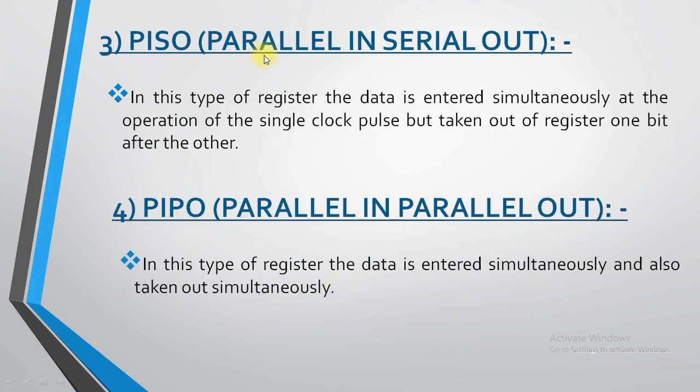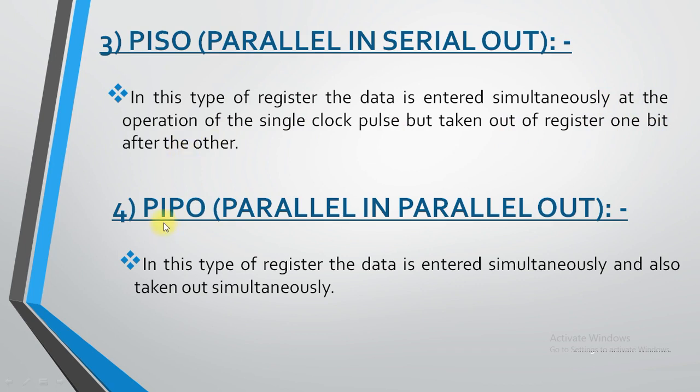Reverse operation, PISO: parallel in, that means all the data has been shifted at the same time, and serial out means data will be out one by one. So in this type of register, the data is entered simultaneously at the operation of a single clock pulse and taken out of the register one bit after the other.